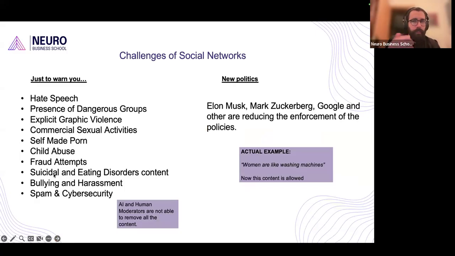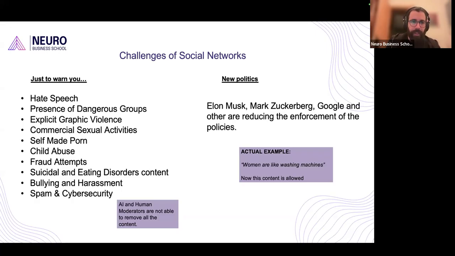It's not something singular. It's something that happens so much. It's so frequent. Hate speech, presence of dangerous groups, like narco traffickers, like hate groups, like Nazis, other kinds of groups.